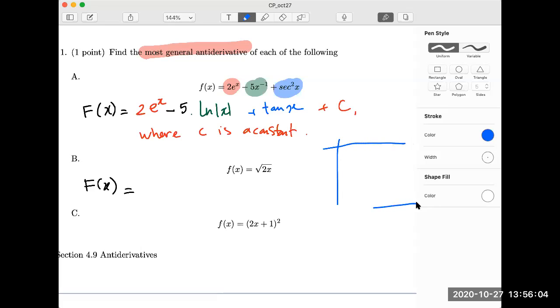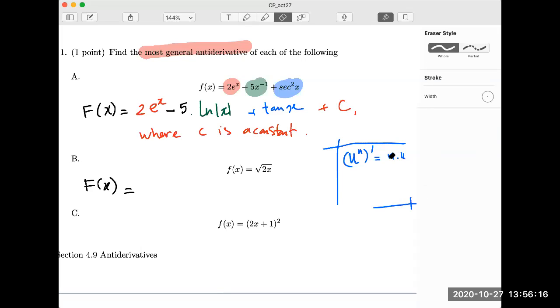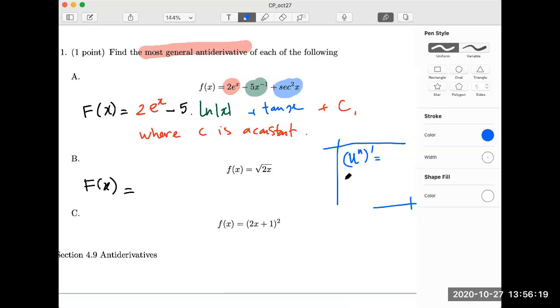This is a formula. Let me remind you. u to the n derivative is n u to the n minus 1, u prime here.